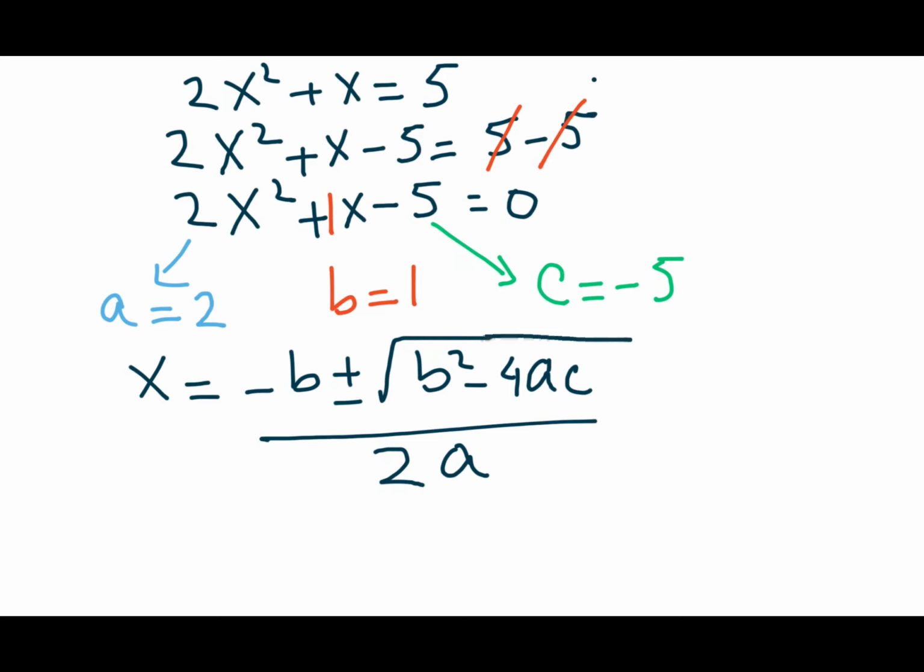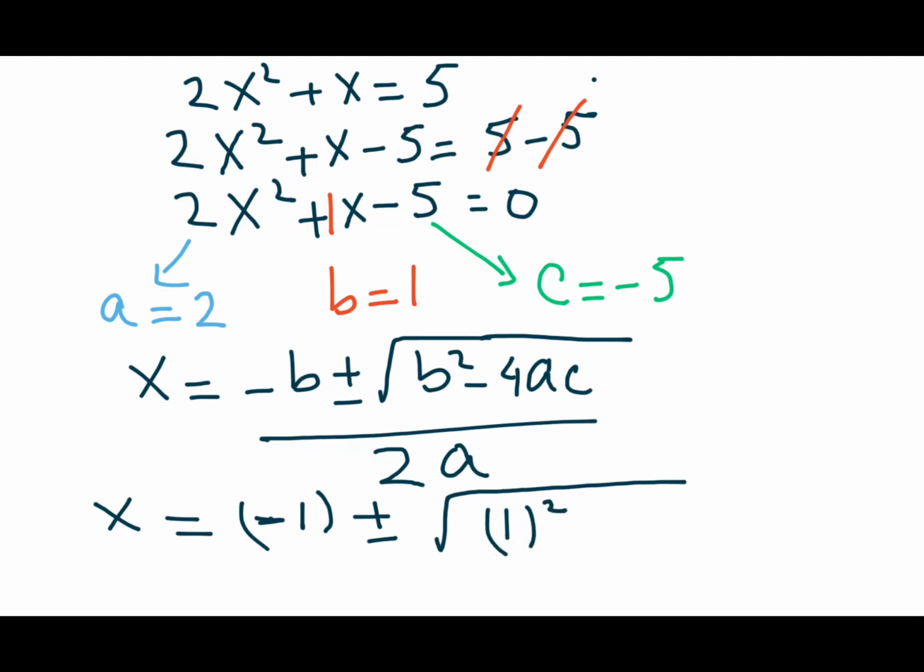So x equals minus 1 plus or minus the square root of the value of b. Now b is 1, so 1 squared minus 4. a equals 2, so 2 goes there, and c is minus 5.